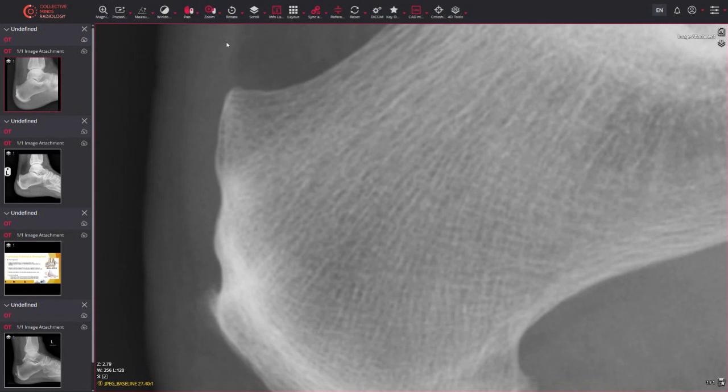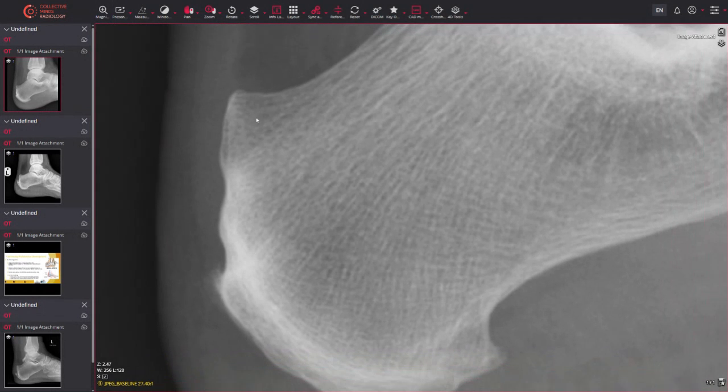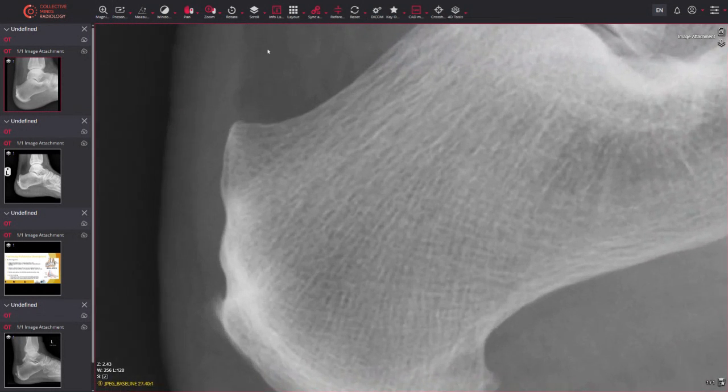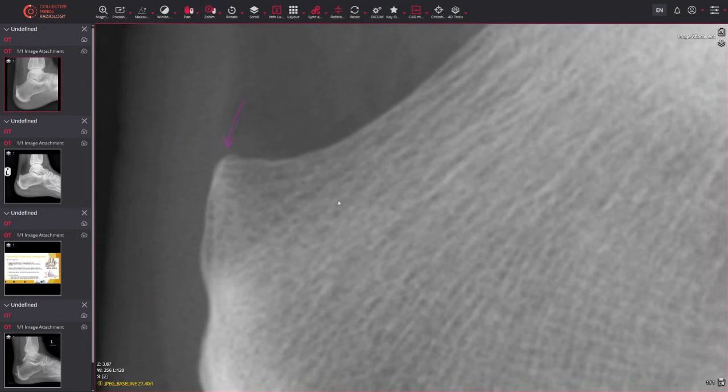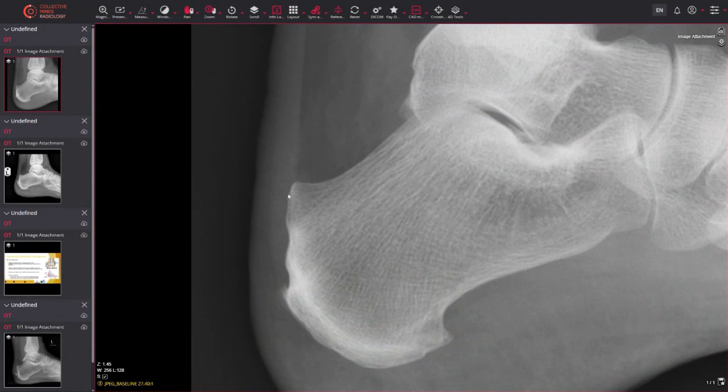And the third thing we're going to focus on is this area here. So normally you would get a nice smooth contour to the posterior calcaneum coming round like this. What happens is a similar principle to the calcaneal spur and the enthesopathy at the Achilles tendon insertion.